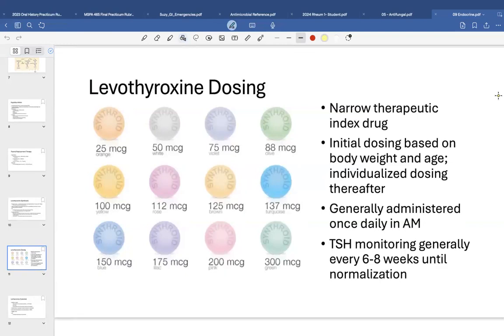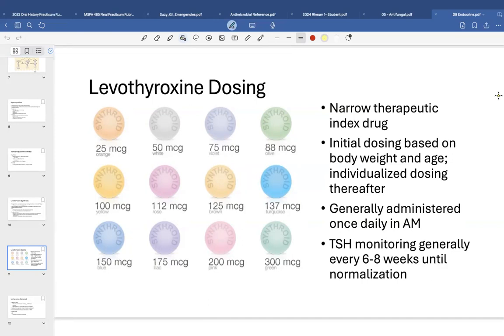So patients will get into a comfort level with the product that they're getting. If they're on 75 micrograms of levothyroxine, they get it filled with Synthroid, or if they get it filled with the generic, it will be the same color, okay?